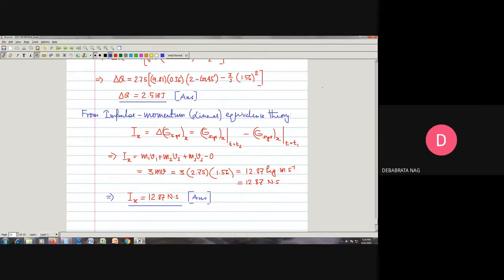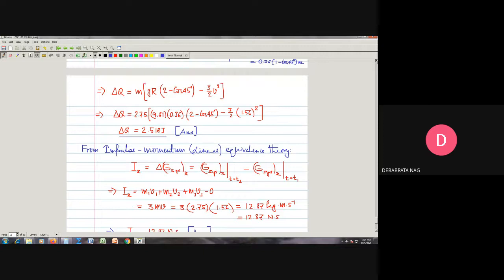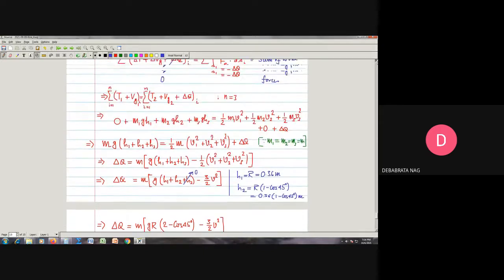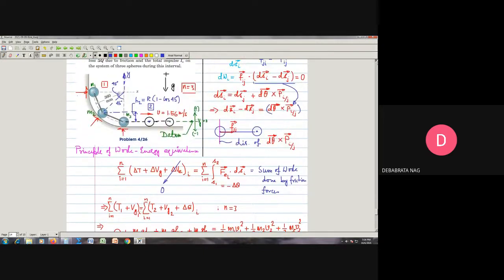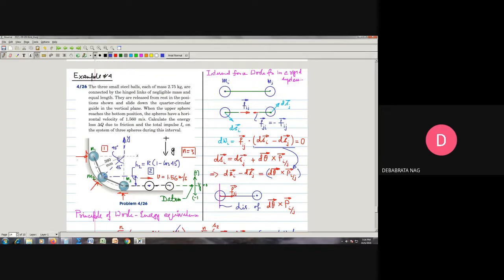So students, you can easily see that this last problem that we intended to show you highlights the basic principle of impulse and momentum, which was initially applicable for a particle, and then we extended it for a group of particles.